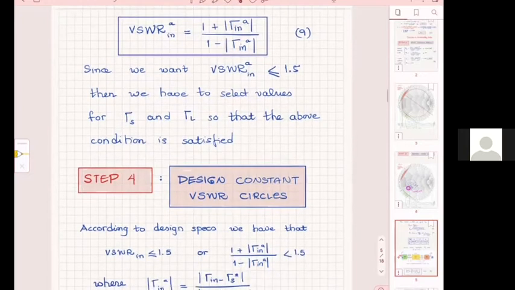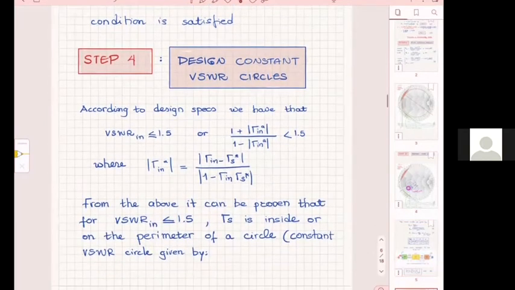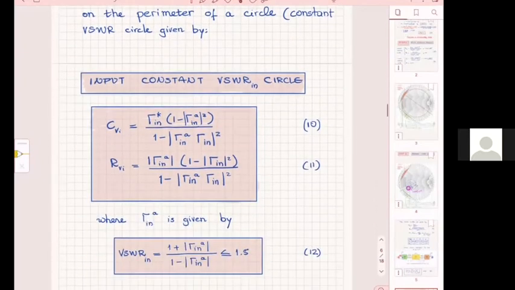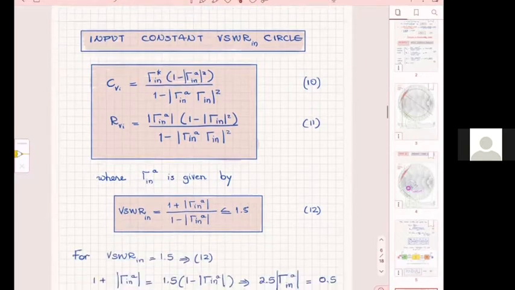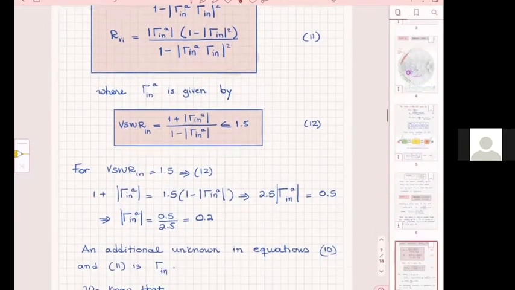Okay, so then what do we do? What we normally do is go and look for circles. And the VSWR circles for the input port are given by this, where your VSWR in has this formula there.